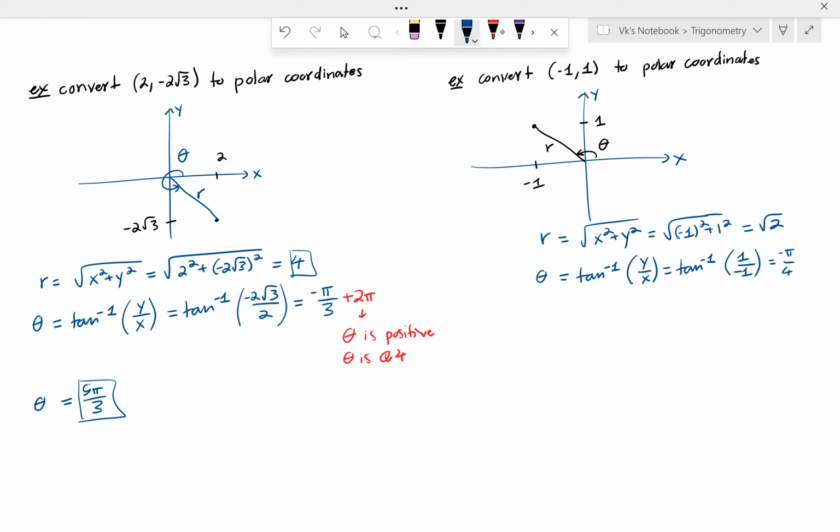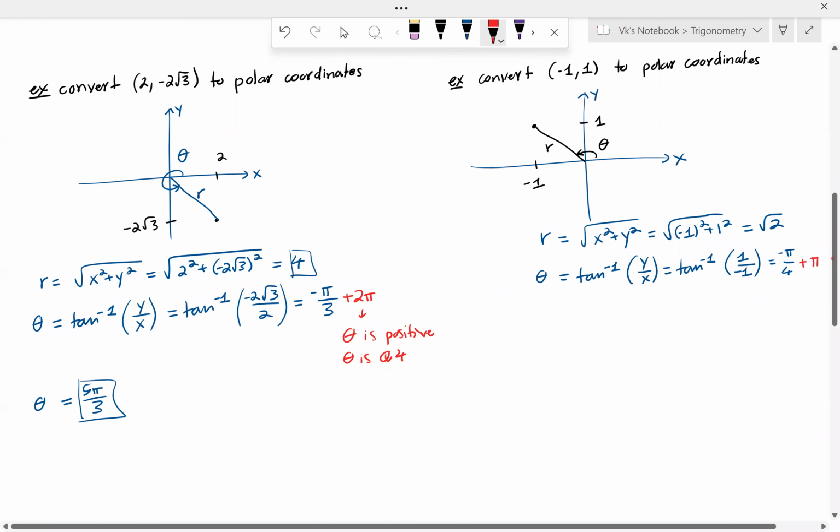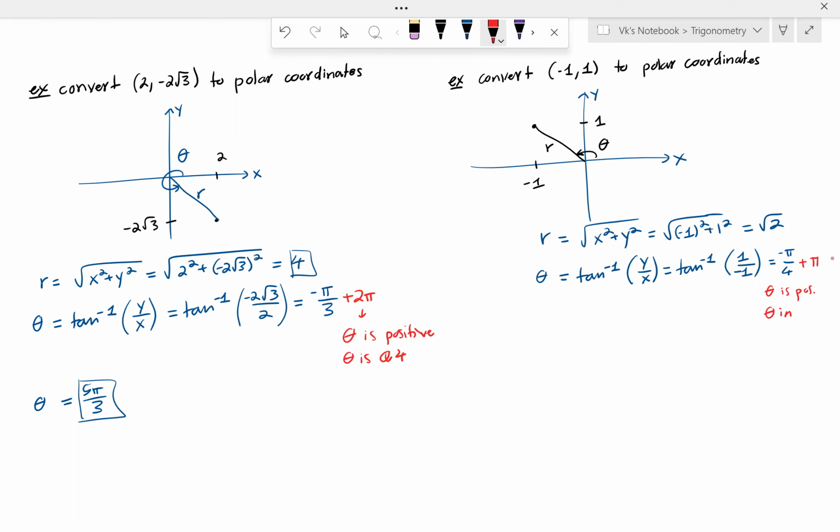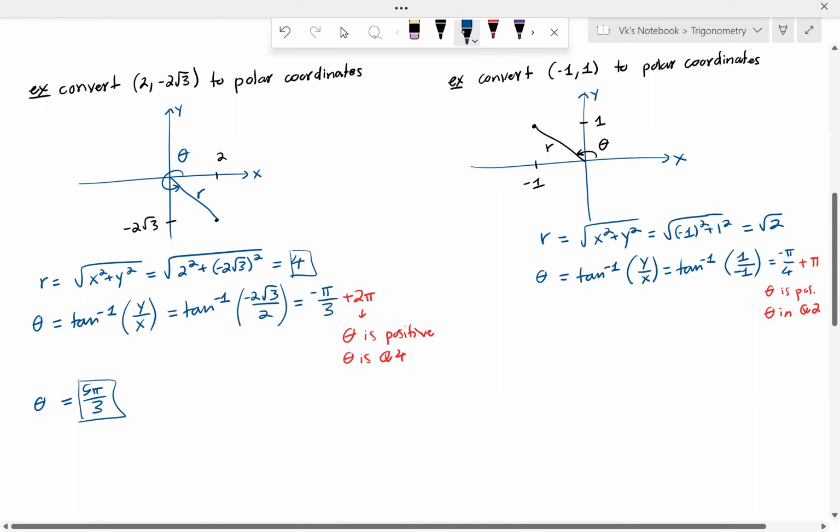The angle is in the second quadrant, so we need to add pi. Theta is positive. Theta is in Q2. And so the angle theta is 3 pi over 4.